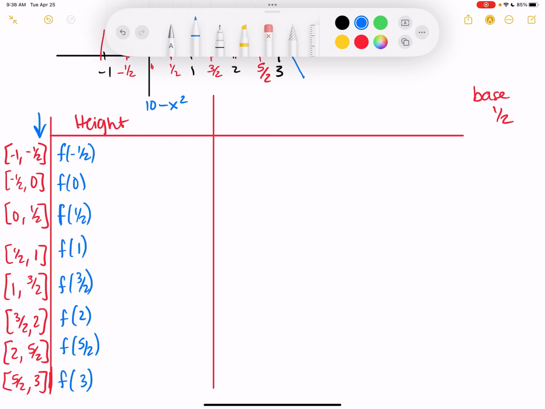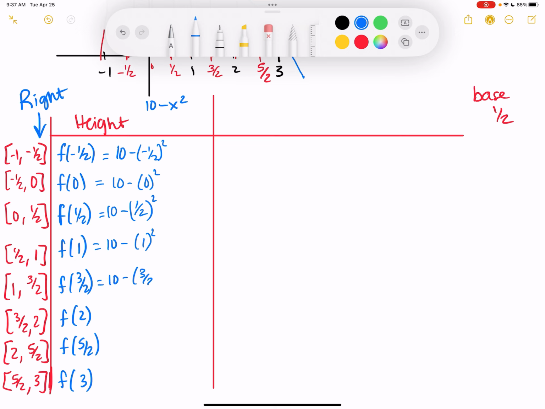So this one is obviously the right-hand one. Then we just plug this in. So 10 minus negative 1/2 squared, 10 minus 0 squared, 10 minus 1/2 squared, 10 minus 1 squared, 10 minus 3 halves squared, 10 minus 2 squared, 10 minus 5 halves squared, and 10 minus 3 squared.